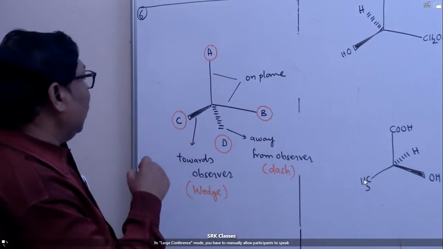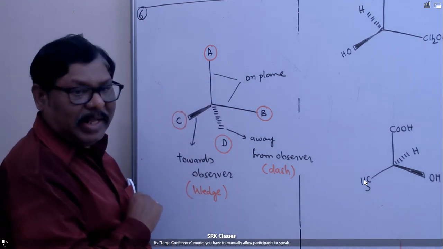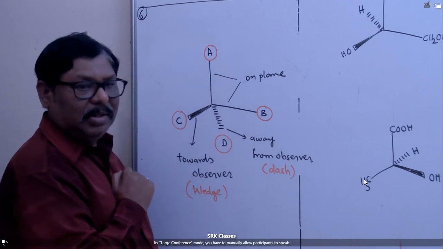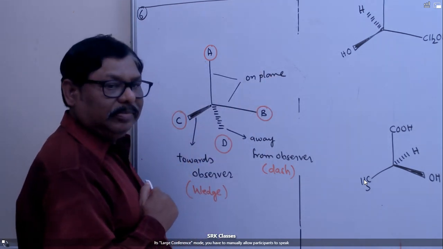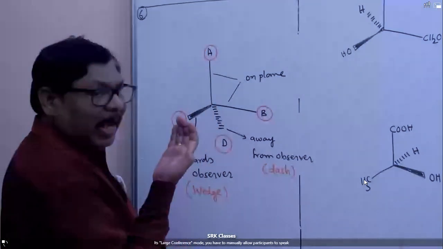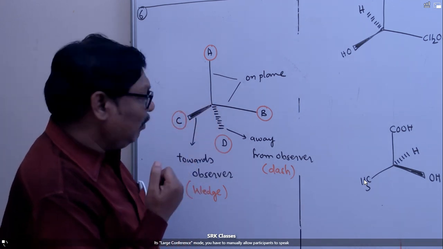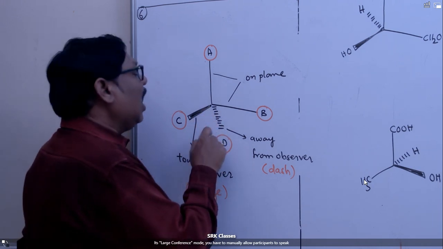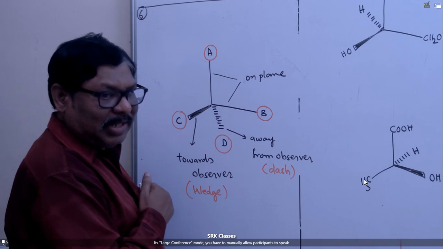In Wedge formula, three types of lines are there. Look at the first one. These are the normal lines which are on the plane. Another one is the thick line, present above the plane, projecting towards the observer. Fourth one, the dash line, is away from the observer or backside.